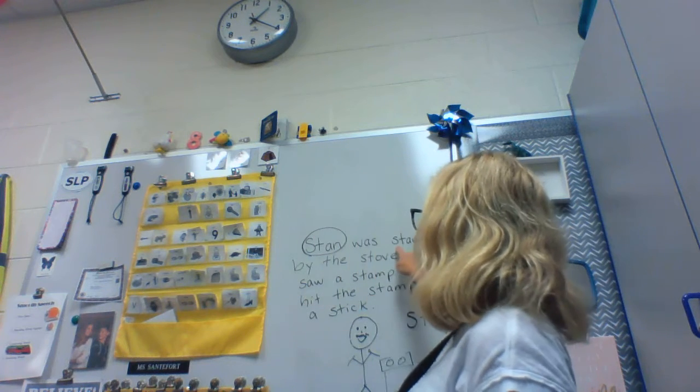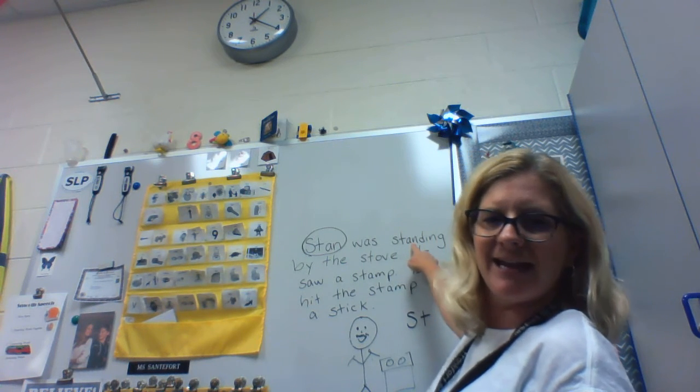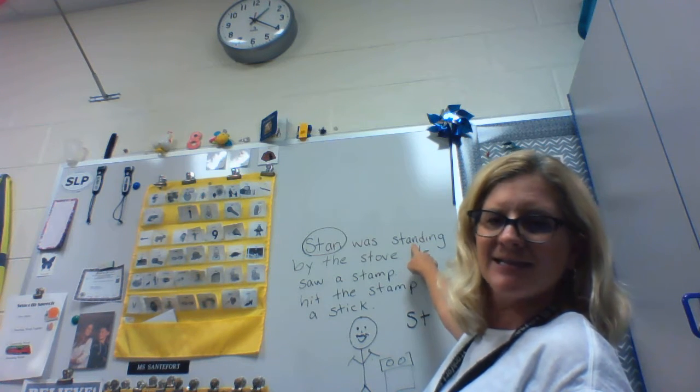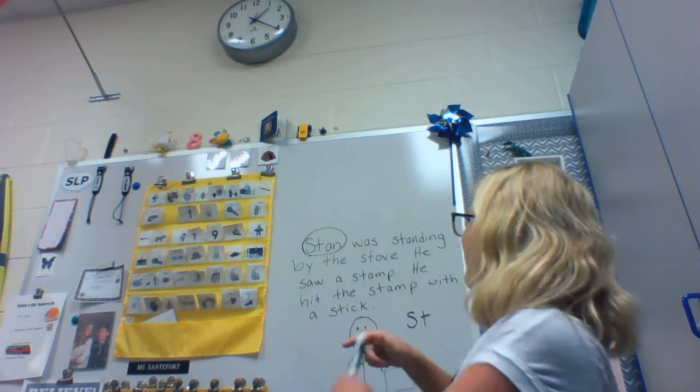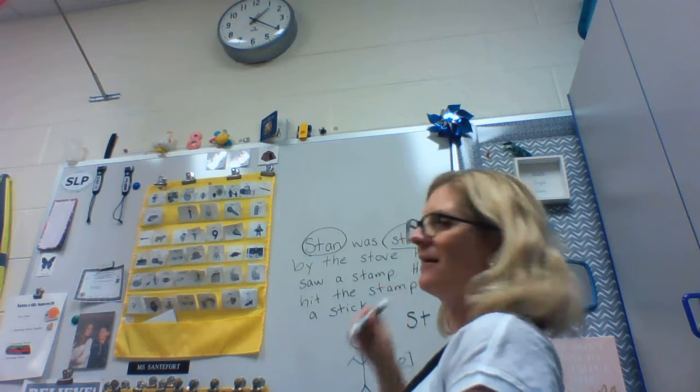Now, look. The word stand is hiding in this next word. This next word is standing. Let's circle that one. Okay, let's twist our bodies for every sound we hear in standing. Ooh, get ready. We're going to get some exercise. S, t, a, n, d, ing.